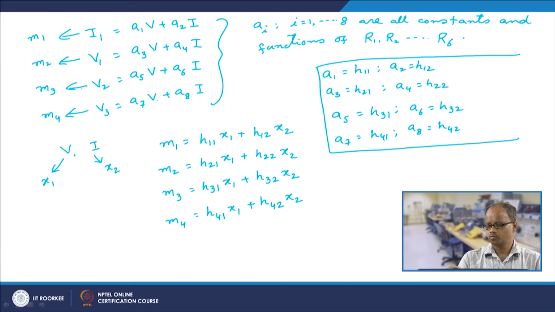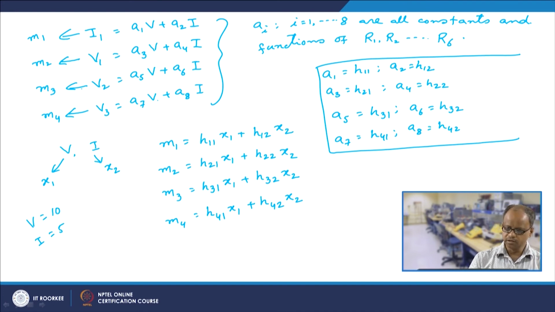Now, what happens? These values M1, M2, M3, M4 are the measured values. Now, these quantities H11 x1 plus H12 x2 are the ideal values. If V is, let us say, 10 volt and I is equal to 5 ampere, so I know what is H11 and H12.